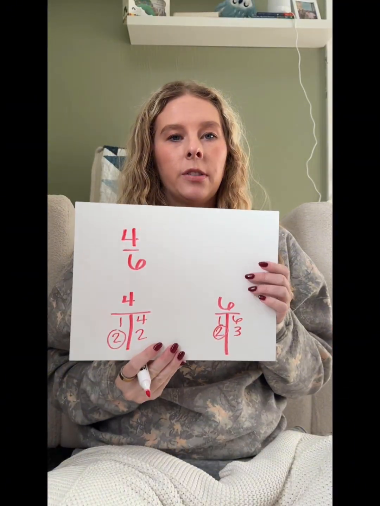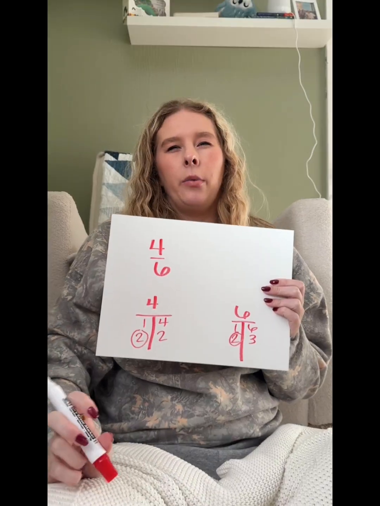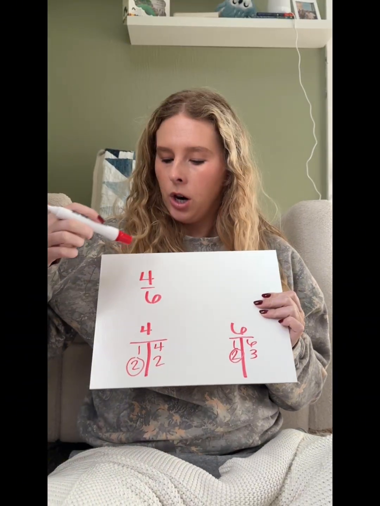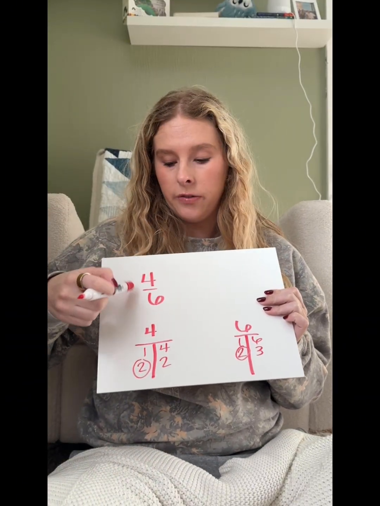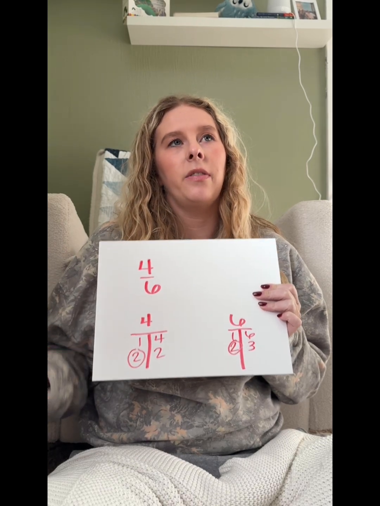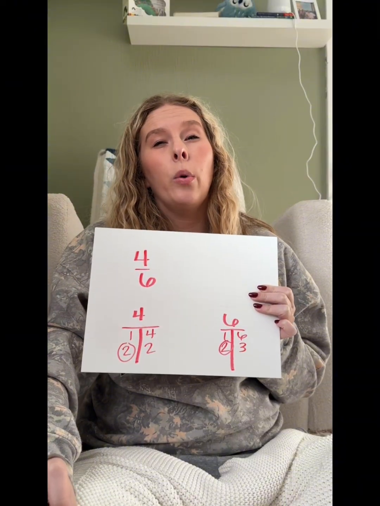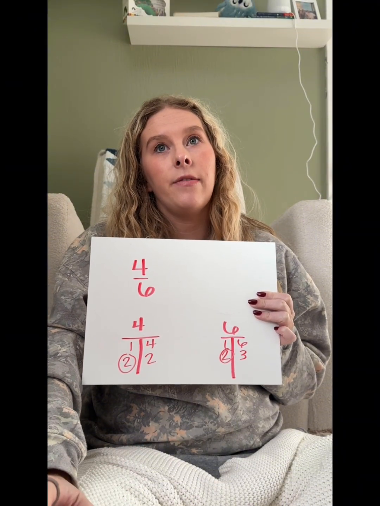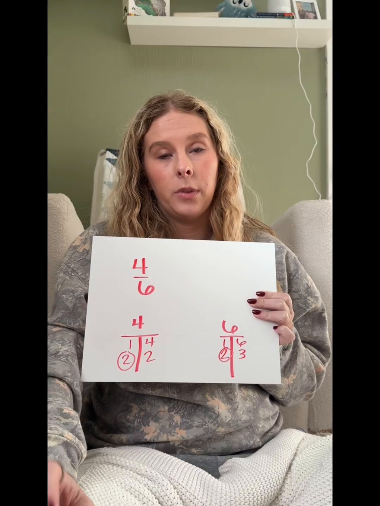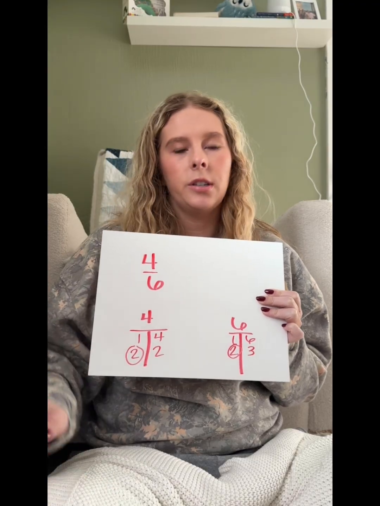So for this part of the video, I'm going to show you how to actually simplify the fractions after you've found the greatest common factor. So for this first example, I went ahead and already did the greatest common factor. The fraction is 4/6 and we need to try to simplify it. You should always try to simplify your fractions, even if you think it doesn't simplify, just to be safe.